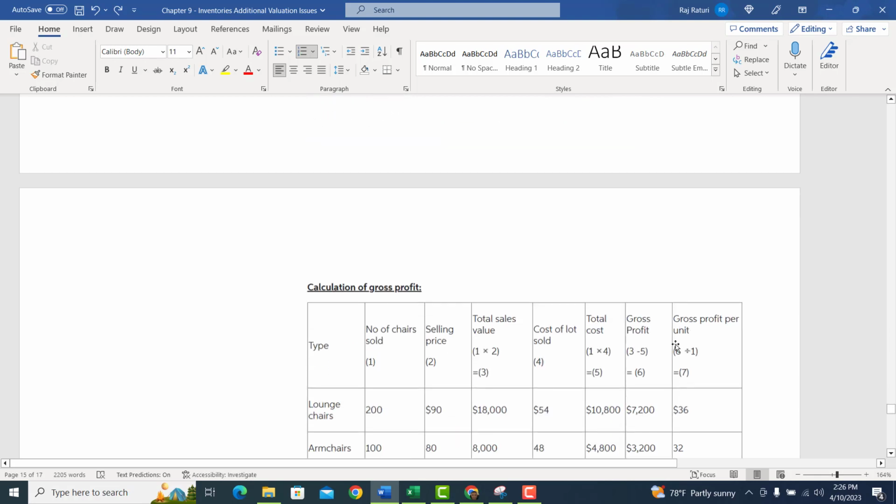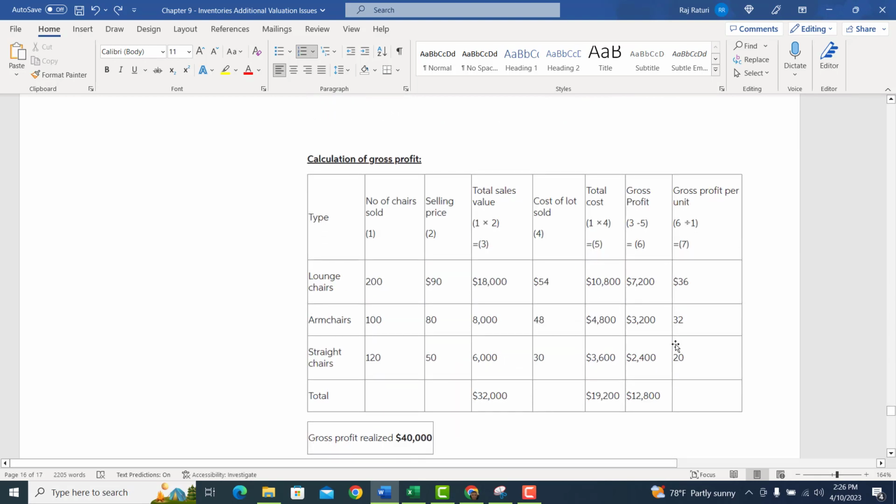And now the calculation of gross profit again, the number of chairs sold, similar to that example we just did. Then we take that and we take the selling price. So what's the selling price again? That's going to be what we just solved for.